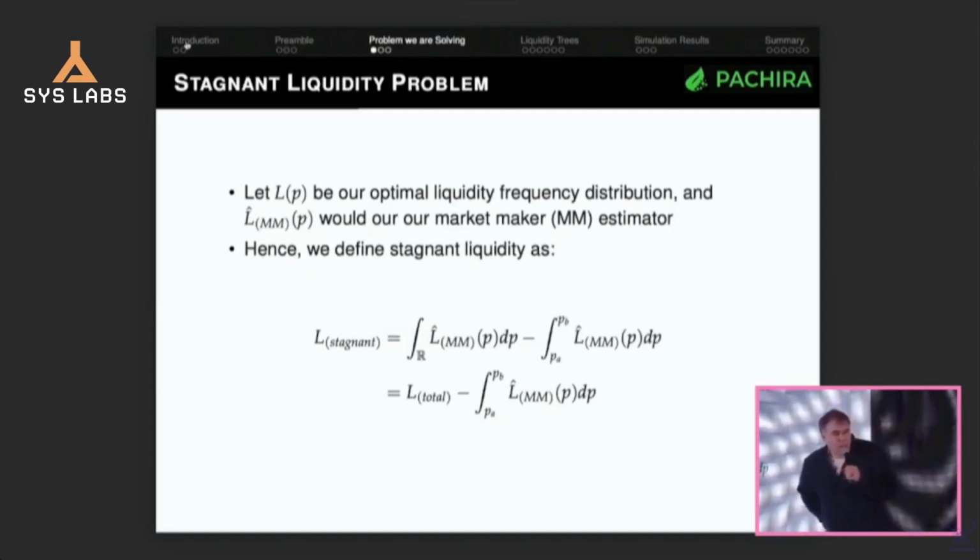So we talked about lazy liquidity. Next, we're going to talk about a term that we have invented that leads us into our protocol, the liquidity tree, which we call stagnant liquidity.